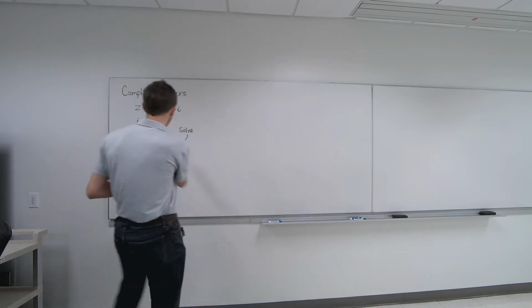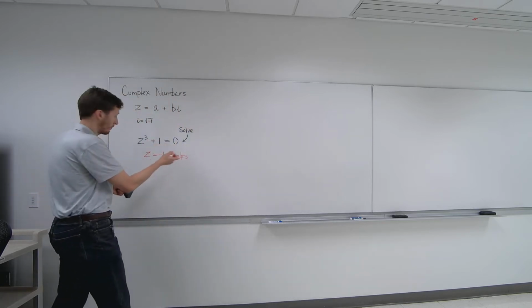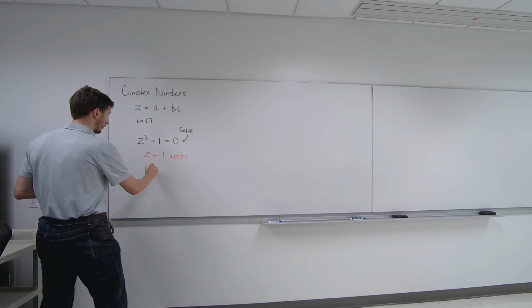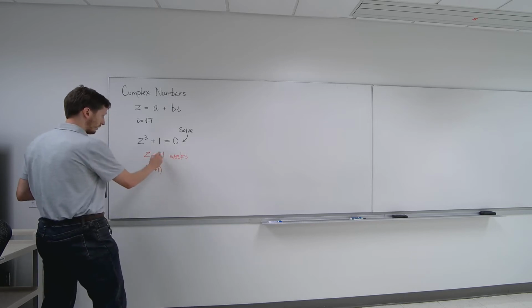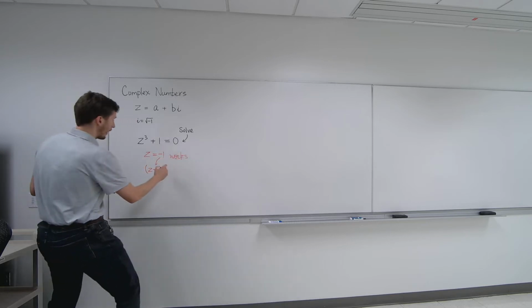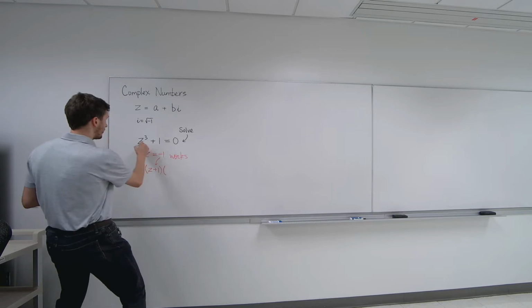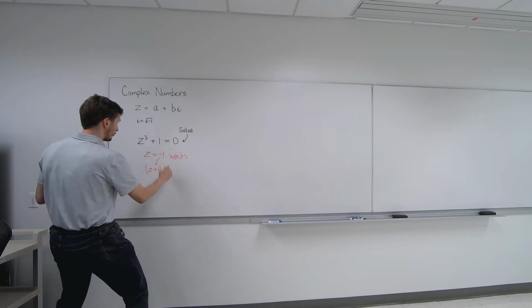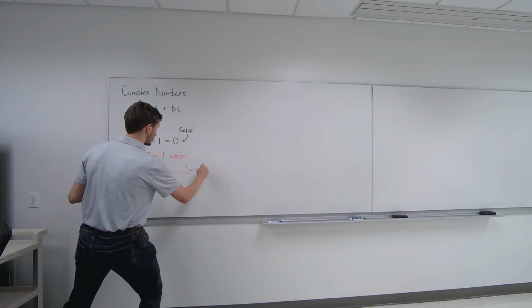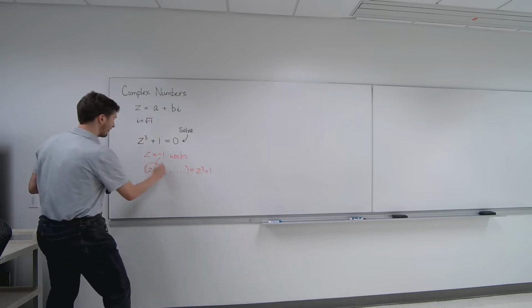If you put in -1, you get -1 plus 1 is 0. So what would happen is z minus -1, which means z plus 1, because minus minus makes the plus 1. And then times whatever is left has to equal z cubed plus 1. This has to be a factor.